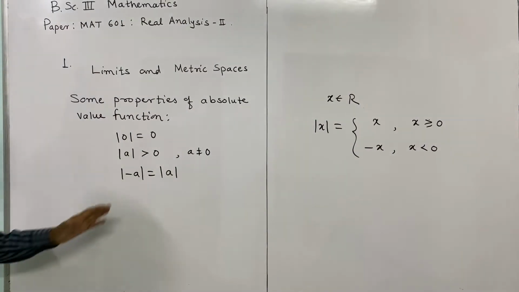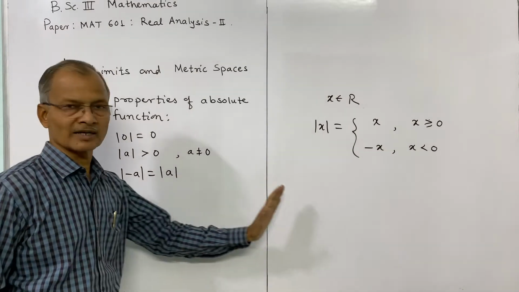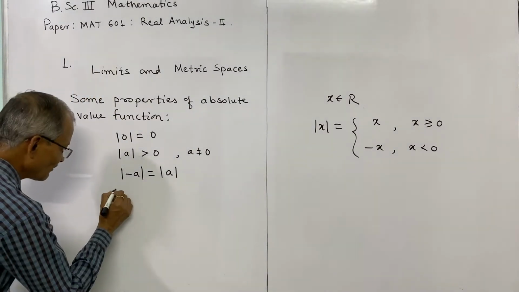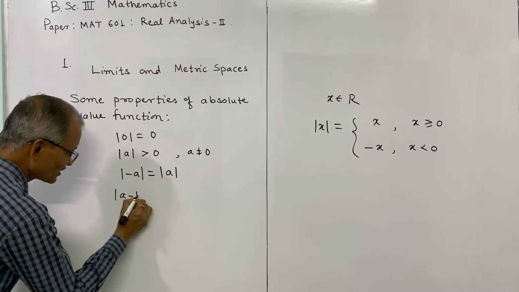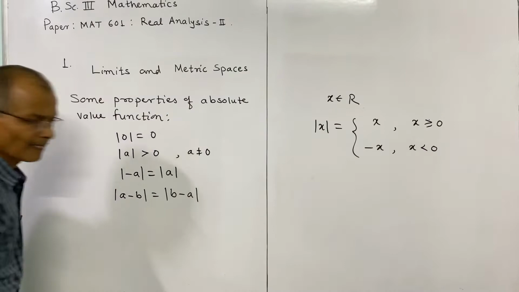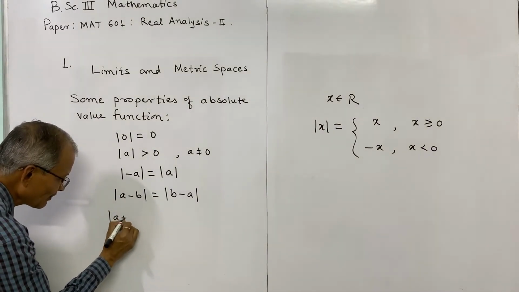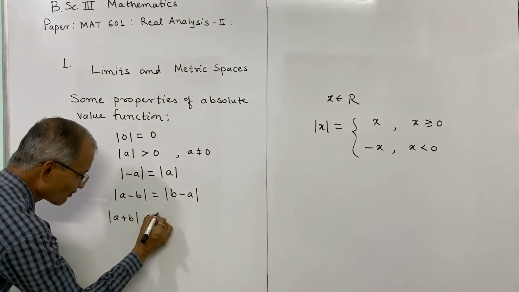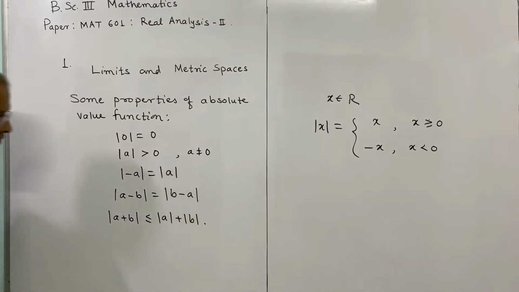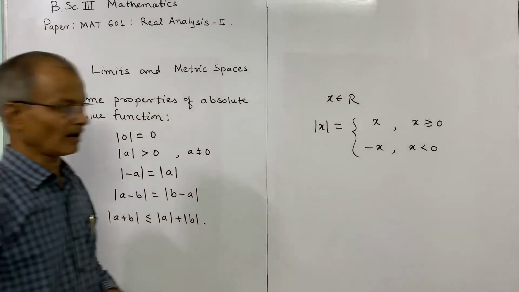So we know the absolute value of minus 3 is the same as the absolute value of 3. And again, absolute value of a minus b is the same as absolute value of b minus a. Further, absolute value of a plus b is less than or equal to absolute value of a plus absolute value of b. So these are some properties of the absolute value function that we have studied earlier.